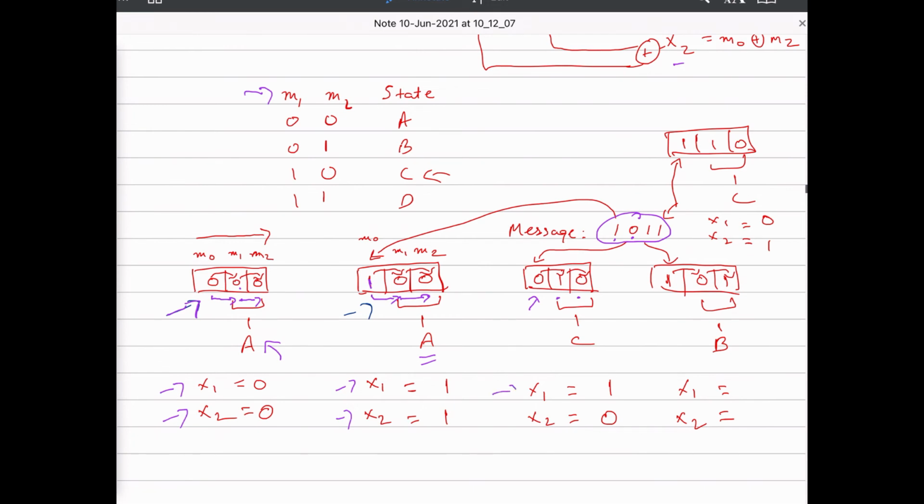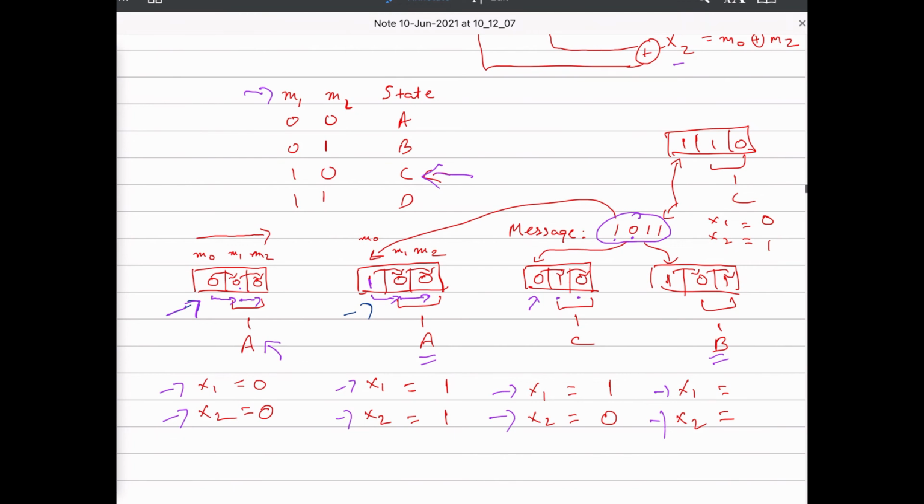Again you can calculate x1 and x2, and the state of the system is now C because it's 1 0. In the same way, you can consider the rest of the bits and take out the corresponding outputs x1, x2 as well as the state of the system. This is how the convolution coding scheme works.